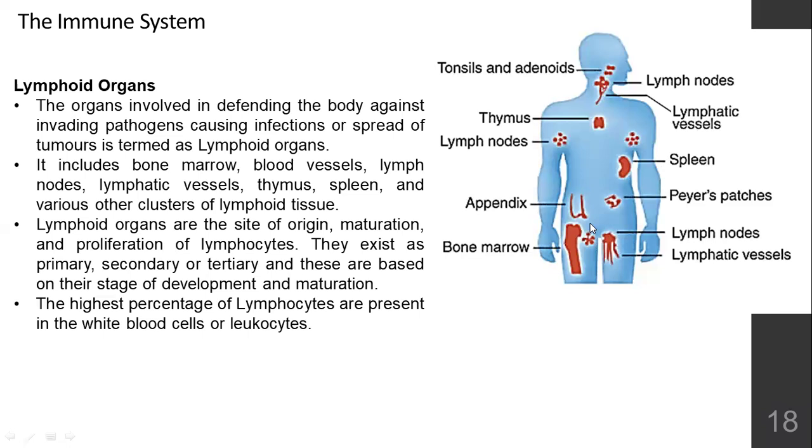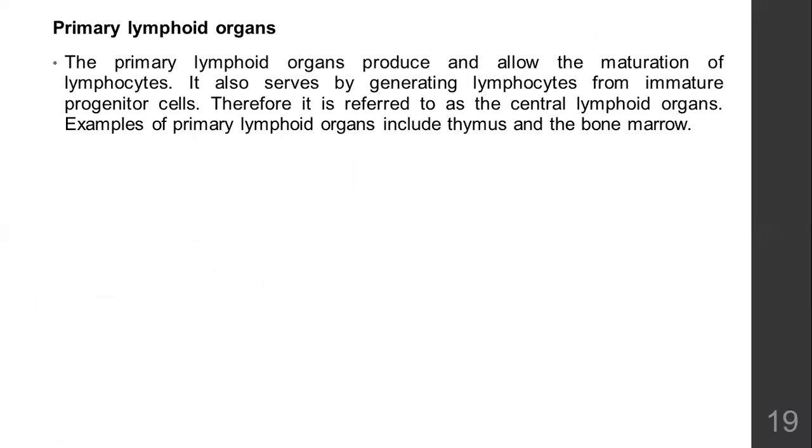The highest percentage of lymphocytes are present in white blood cells. The name for white blood cells is leukocyte. Monocytes and others are different types of white blood cells.